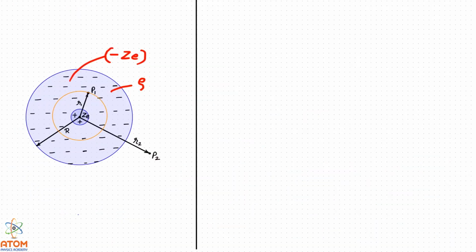Now the left side was E1 4 pi r1 square, and the right side was Ze upon epsilon 0, 1 minus r1 cube upon capital R cube.